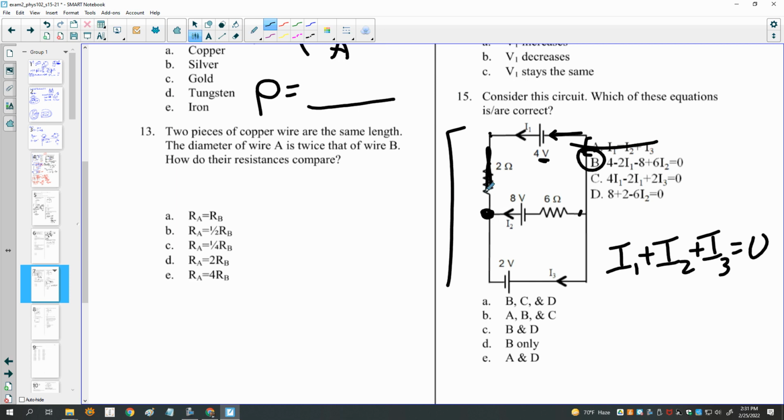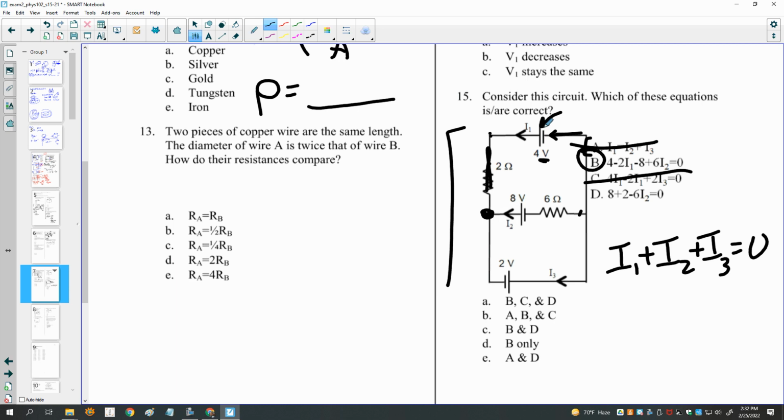Let's look at the next one. 4I1. I don't have a 4 ohm resistor in this top branch, so that's not right. You might have thought that this was the 4, but that's not correct.